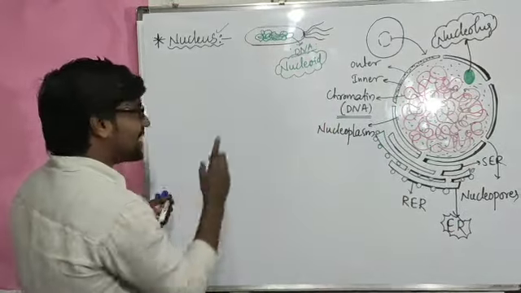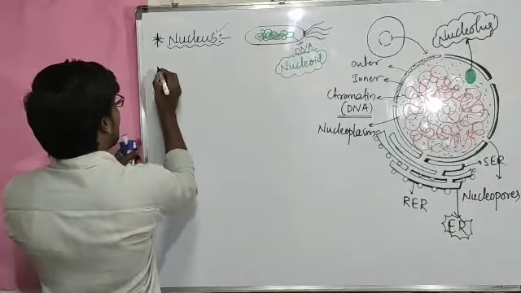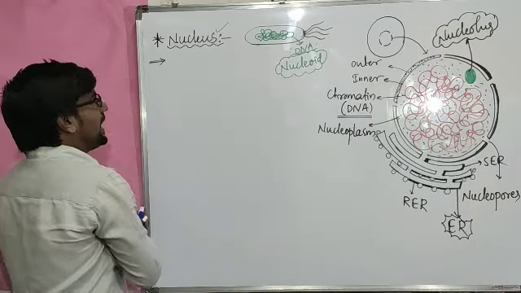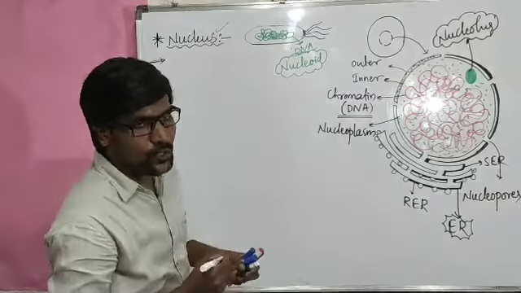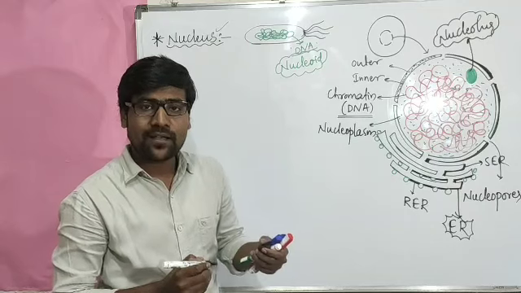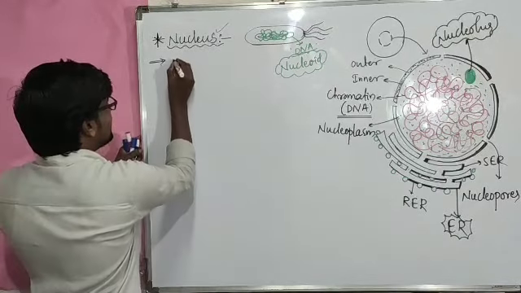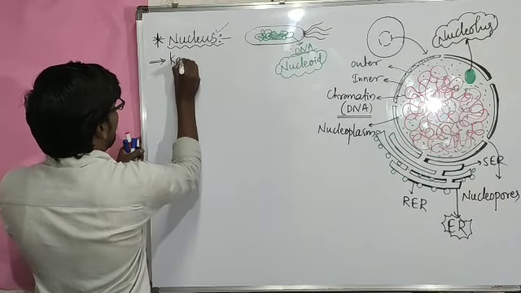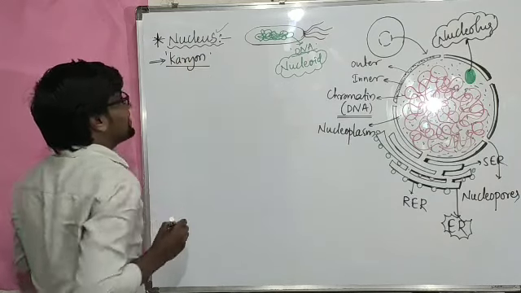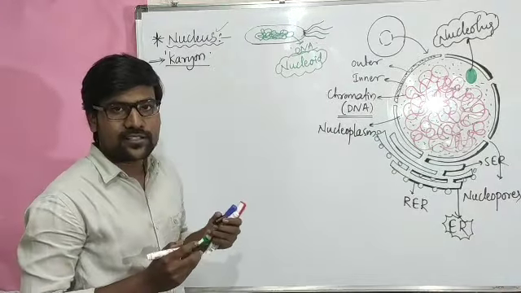And if a particular nucleus is present, as we already know, that is a eukaryotic cell. For the nucleus we can use the term karyon. Karyon is nothing but a nucleus.